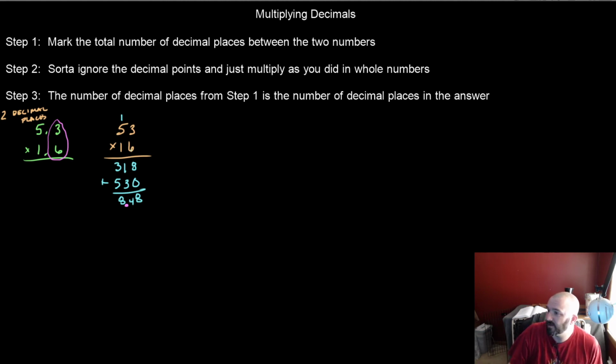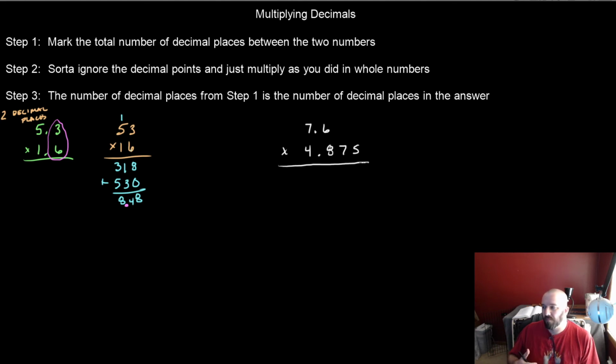All right, let's try a different one. Something like 7.6 times 4.875. Not sure how you would like to do this. You can simply flip these numbers and make it a little bit easier on yourself, I suppose.